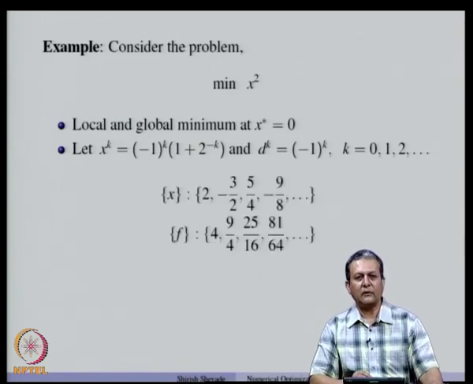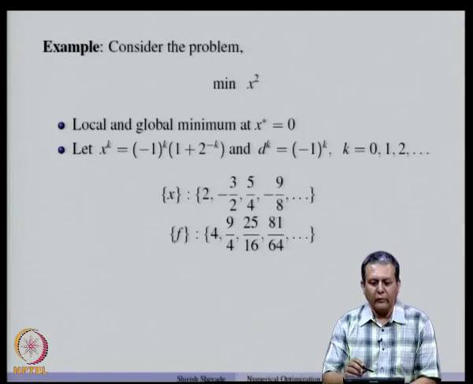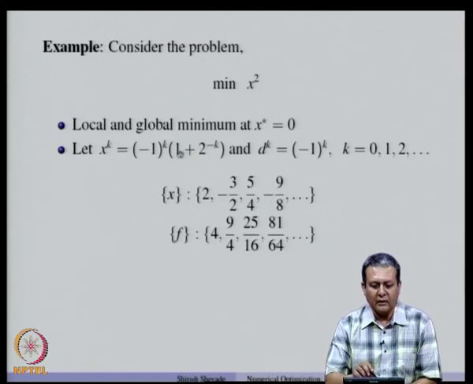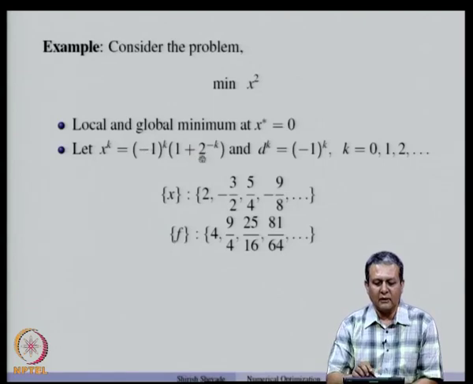Now, let us see how this sequence will look. If you look at the sequence x, when k equal to 0, this quantity is 1 and this quantity is 2. So, at k equal to 0, x 0 is 1. For k equal to 1, this quantity is minus 1 and this is 3 by 2.